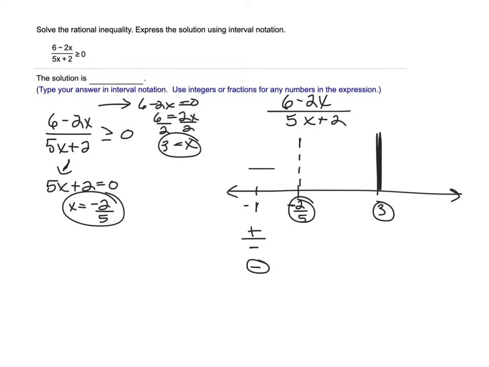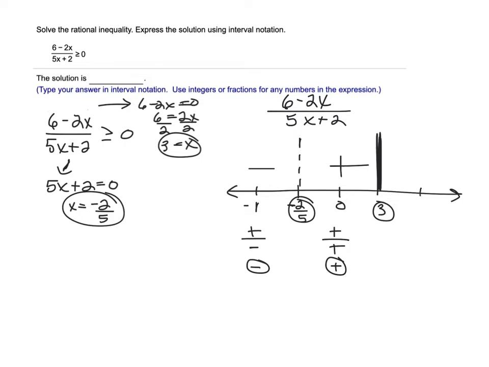So that whole interval is negative. Let's move to the next one. In between negative 2/5 and 3, I'm going to pick 0. If I plug 0 in, I get 6 minus 2 times 0 is 6, and on the denominator, 5 times 0 is 0, plus 2. That gives me positive divided by positive, which is positive. So that whole interval is positive.